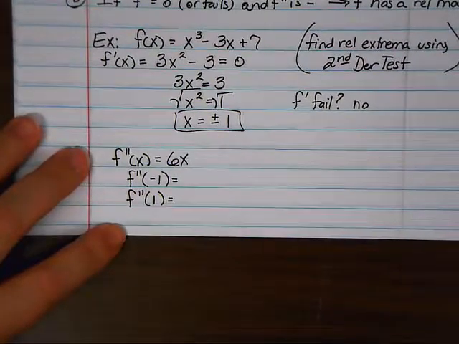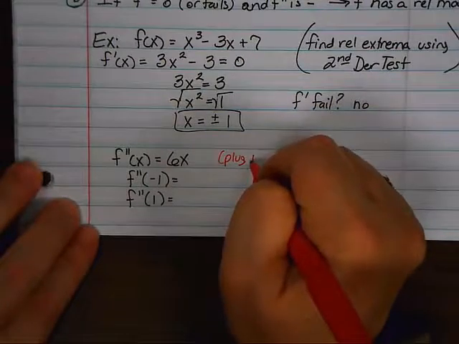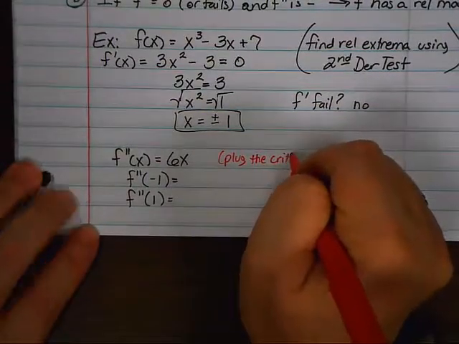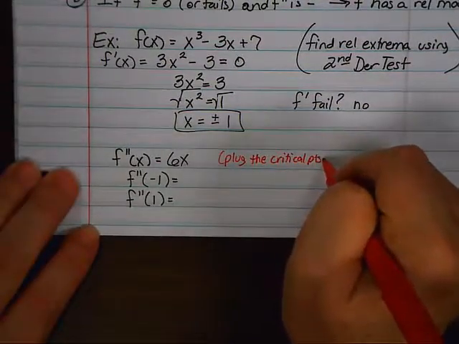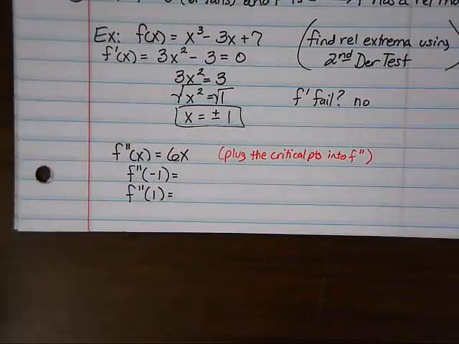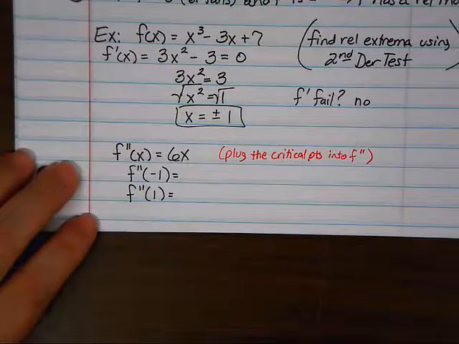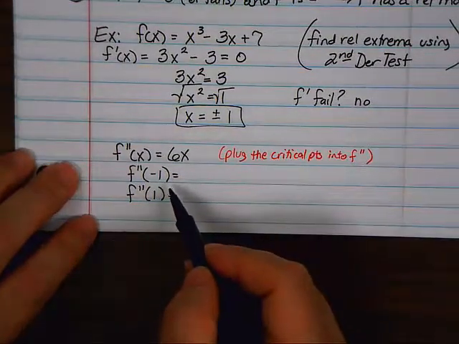We're going to plug the critical points into f double prime. You plug them in because they are x values. And then we examine what their concavity is going to be.